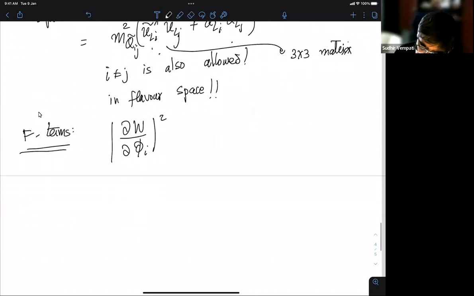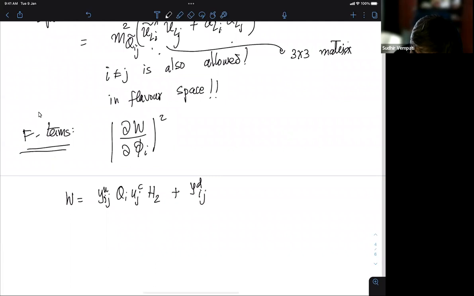Let's look at the superpotential in the broken phase. The superpotential is nothing but Y_U ij Q_i U_j^c H2 plus Y_D ij Q_i D_j^c H1 plus Y_E ij L_i E_j^c H1 plus μ H1 H2.